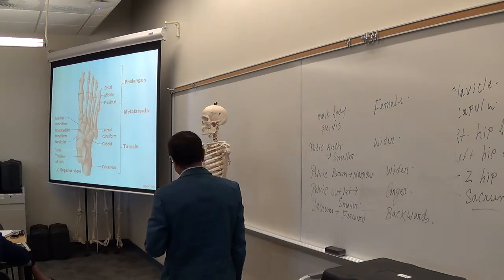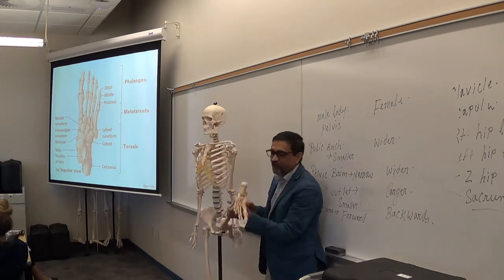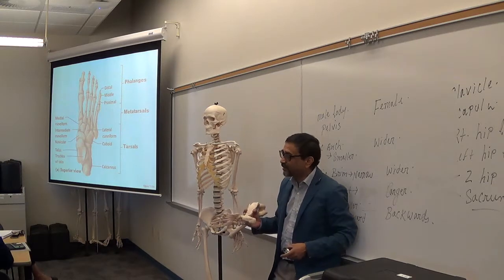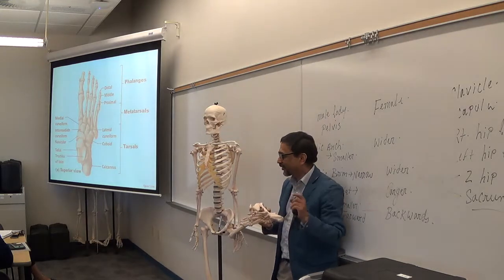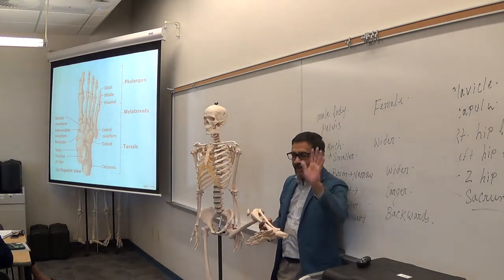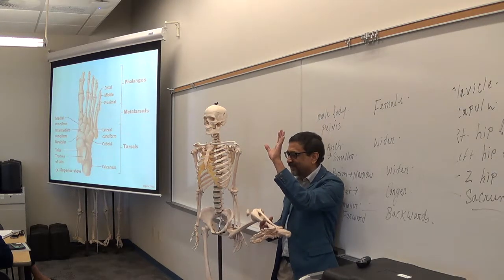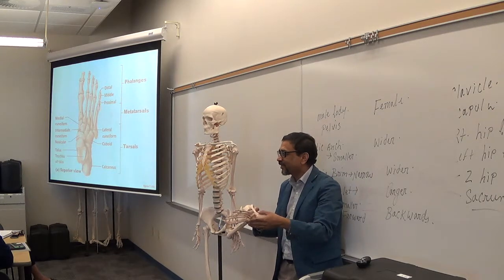Foot. In your foot, you have 7 tarsals, 5 metatarsals, 14 phalanges. Now you tell me, everybody, in your hand, how many carpals? 8. But in your foot, how many tarsals? 7.